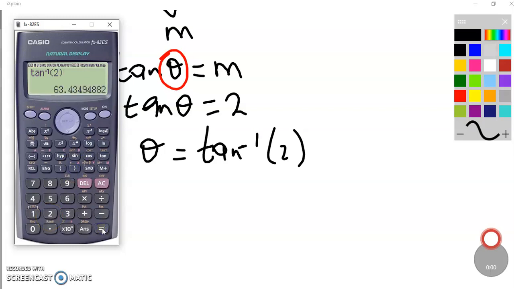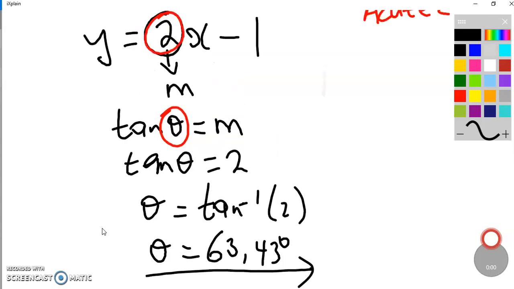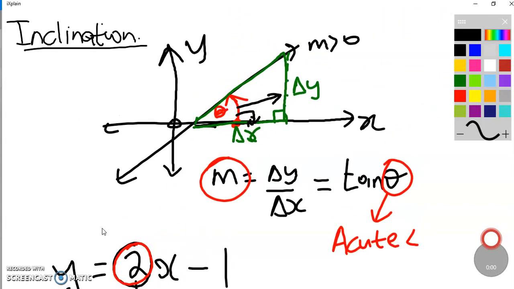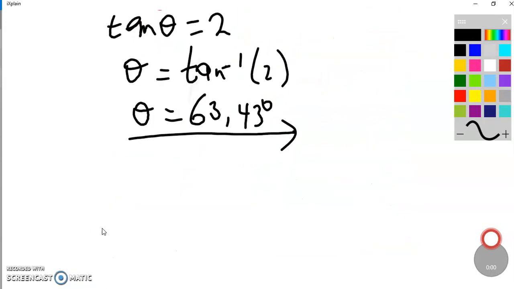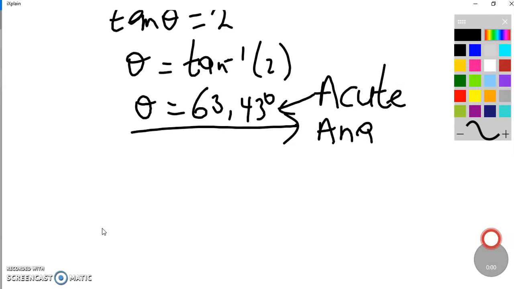Then theta is 63,43 degrees. This theta is the angle of inclination, which is an acute angle. This angle is acute because it is greater than 0 but less than 90 degrees.